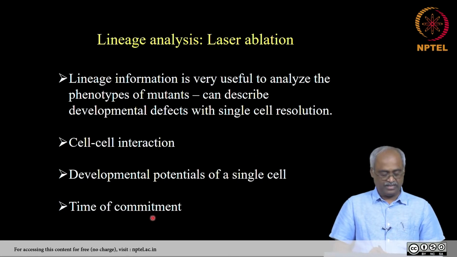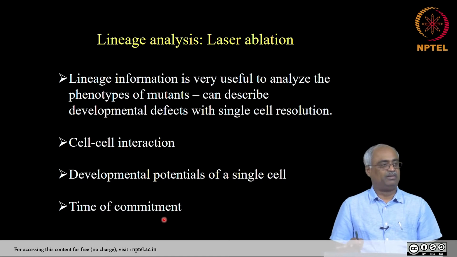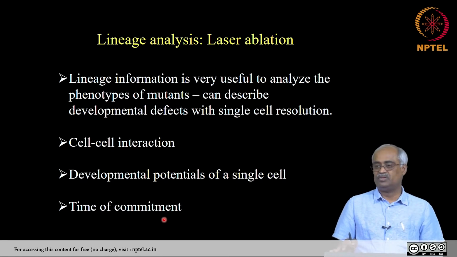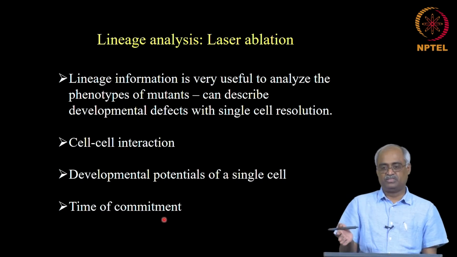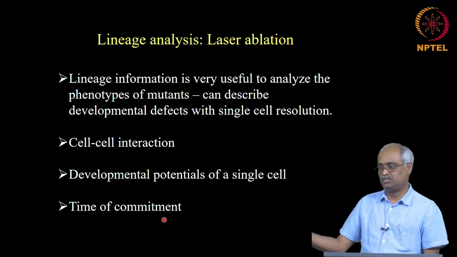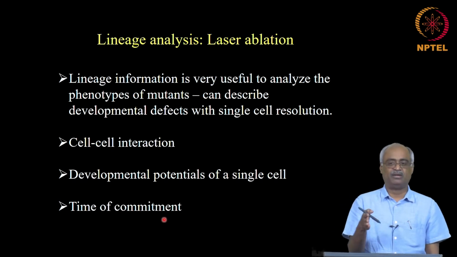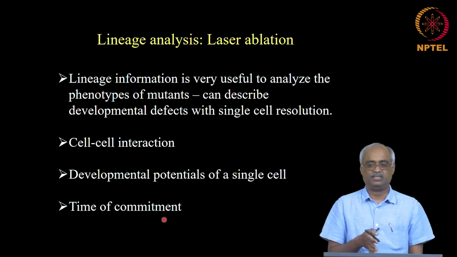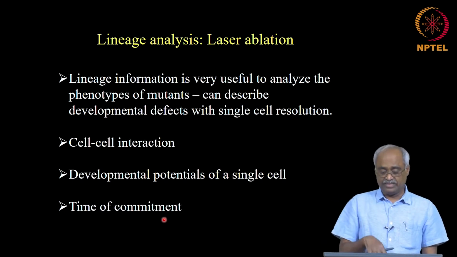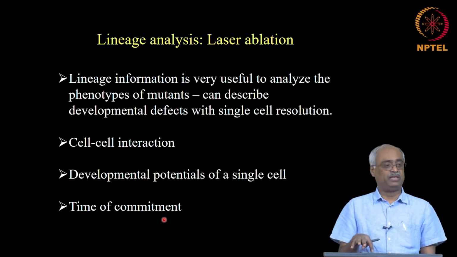Then, when does that cell get committed to a particular developmental path? For example, if a neighbor induces a particular cell to become muscle, when does it induce? How early should I ablate it? These are the things you can discover simply by doing laser ablation.